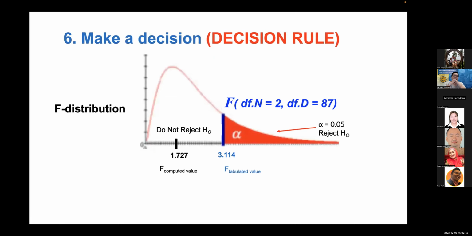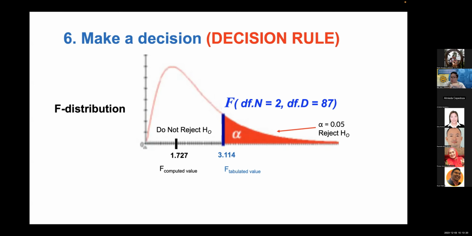Okay? So again, our objective is to compare three sets of variables or three samples, no? So our objective is to find the critical value and the calculated value. So the critical value was 3.114. How did we arrive at that?